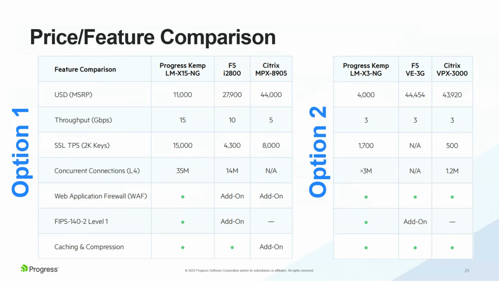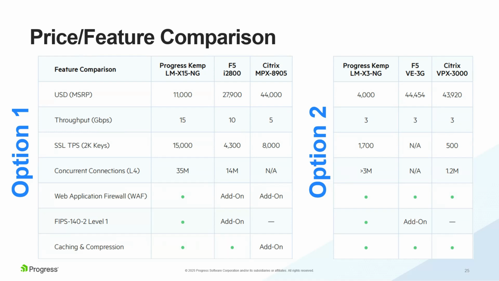Price and feature comparison. So looking at the top load balancing vendors as rated by Gartner, the following is a price feature comparison for a sample of their offerings. So option number one. Option number one compares the Progress Kemp LMX15 NG, next generation hardware appliance, with the F5 i2800 hardware appliance and the NetScaler MPX 8905 hardware appliance.